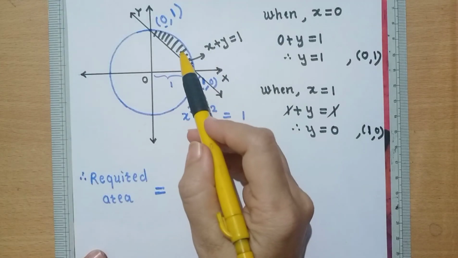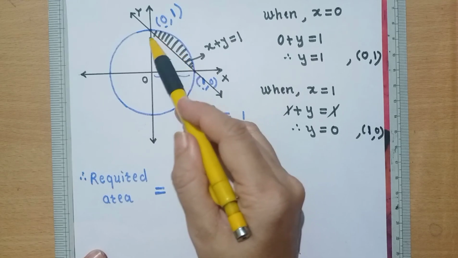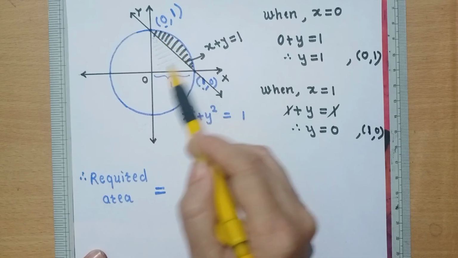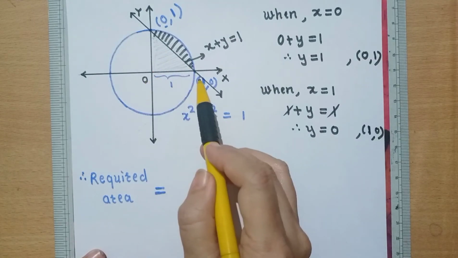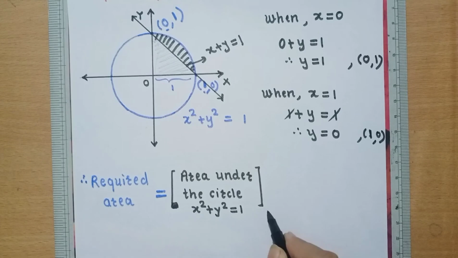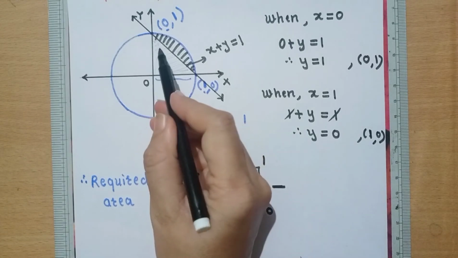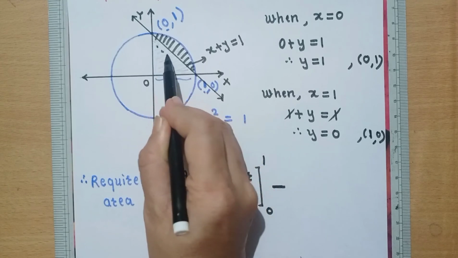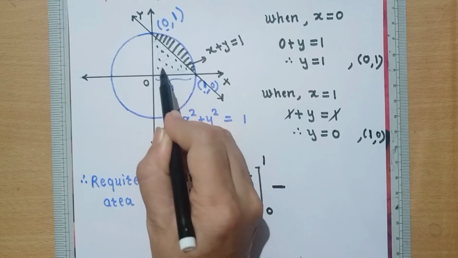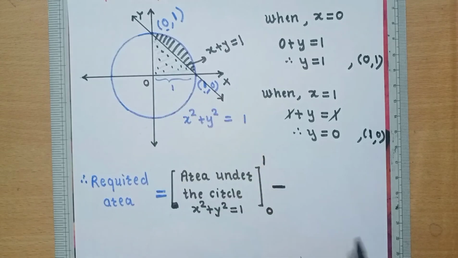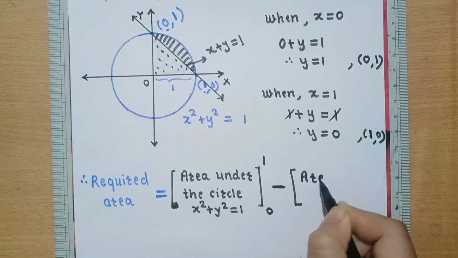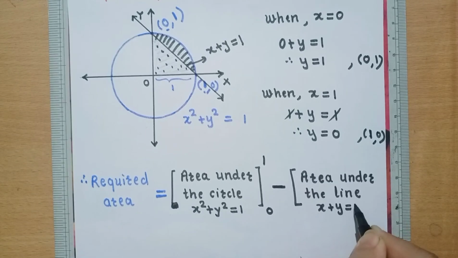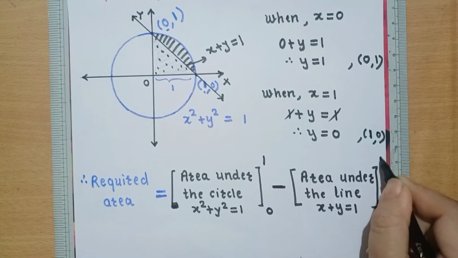And therefore this required area is equal to the area under the circle in the first quadrant, that means this area lying from 0 to 1, and from this we will subtract the area under the line, that means this area, then we will get this required area. So here area under the line x plus y equal to 1, again from 0 to 1.